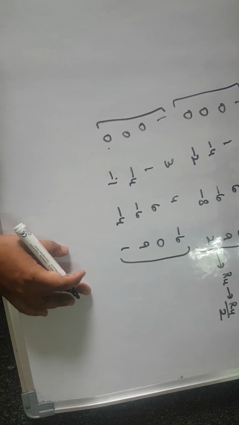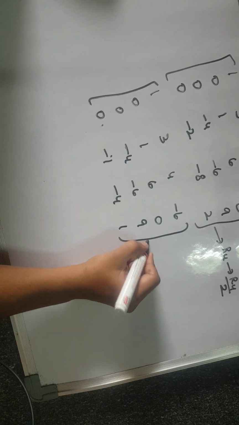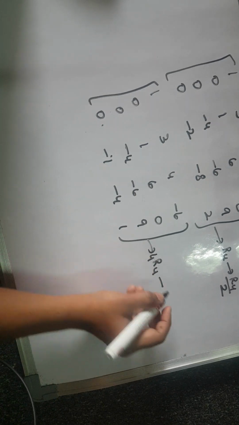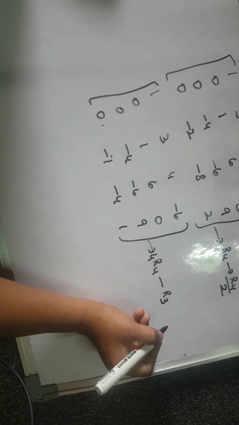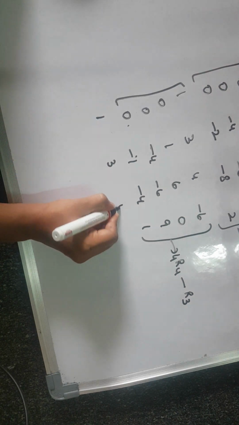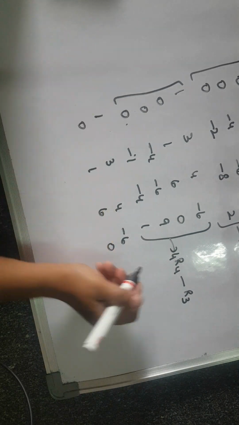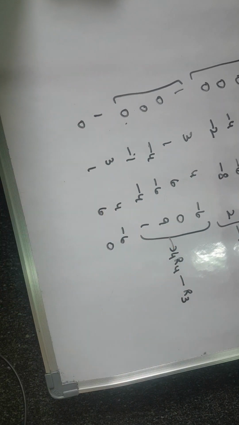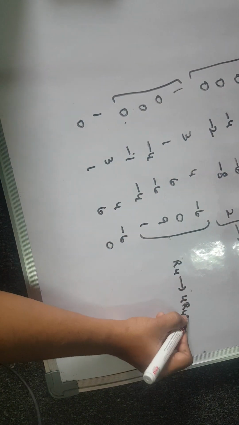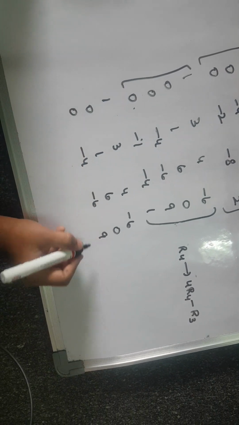Now make this value R4 implies 4 into R4 minus R3. Okay, 4 into R4 minus R3 means you have to take 1, 3, 4, minus 6, 0, 1, 6, 0, 0, minus 4, minus 6, 9, and 4 into the R4 row.